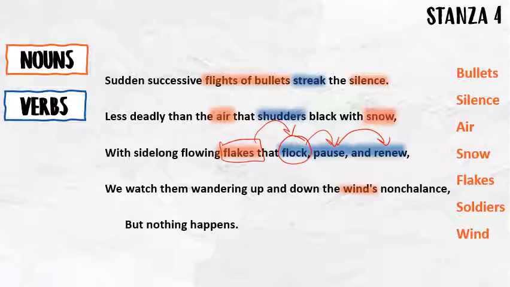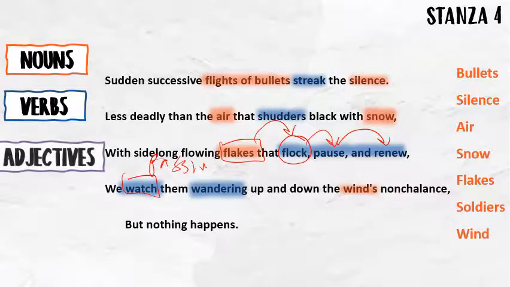And there's a strange beauty in that series of three verbs there. And again, that idea of the passive, they're just watching, they're not actually doing anything. They're watching them wander up and down.